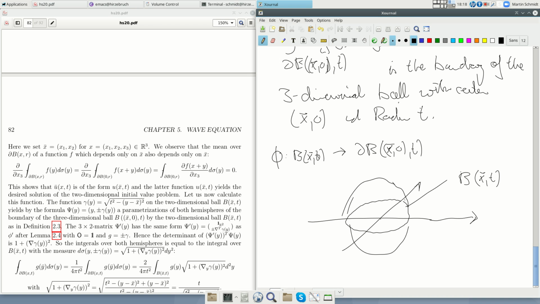We define it by y going over to the vector y, and as the last component we take plus or minus gamma of y, with gamma of y clearly the square root of t squared minus y squared.